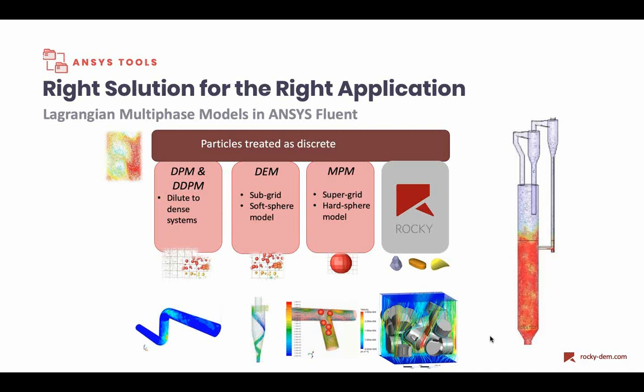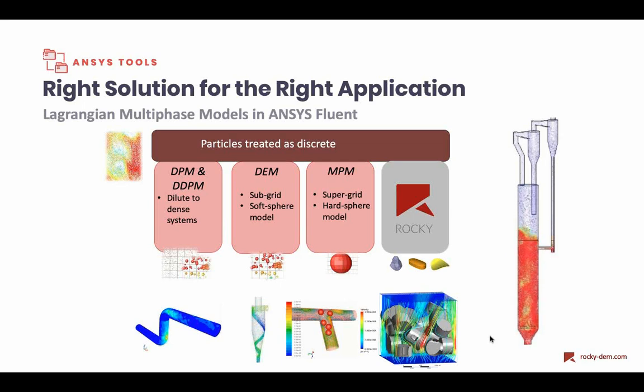Since I have covered most of the features now, I'm going into the ANSYS integration, specifically with regards to the CFD integration. In codes like Fluent, you have different types of multiphase modeling approaches.